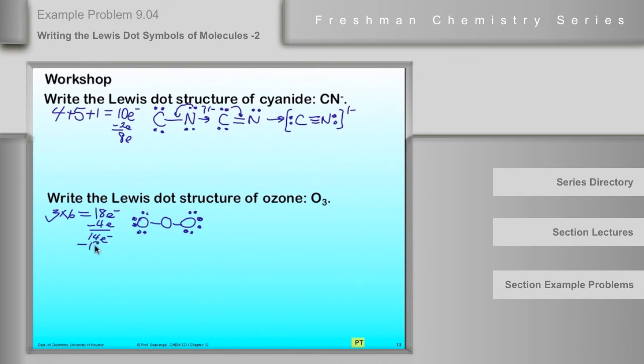And so 14 minus 6 is 2 electrons. That leaves a pair of electrons for the oxygen in the middle. And the outside oxygens have octets, but the one in the middle doesn't. And so we have to go to step 5 again. And now we hit something new.